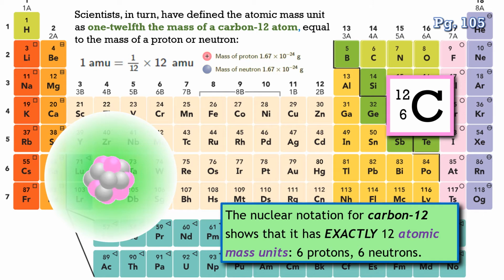In fact, they say it is 1/12 the mass of a carbon-12 atom, not any carbon atom, but specifically of carbon-12, which means that this one atomic mass unit is equal to the mass of a single proton or neutron, here shown as being about 1.67 times 10 to the negative 24th grams. So we have a relationship between the atomic mass unit and a very tiny number in grams.